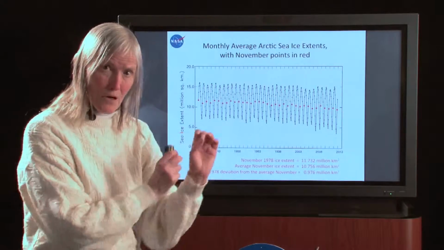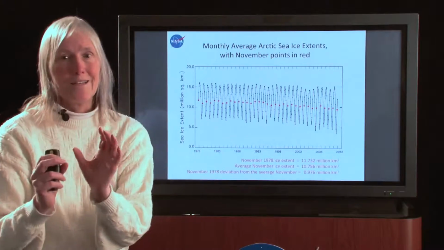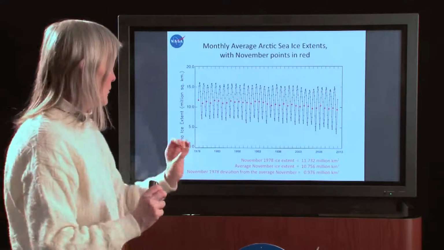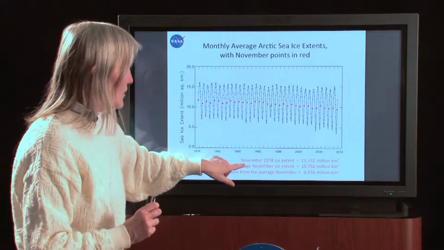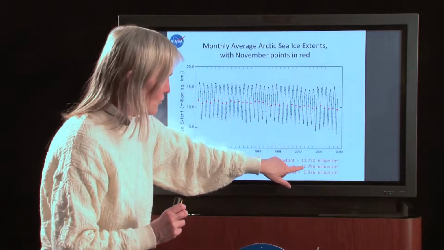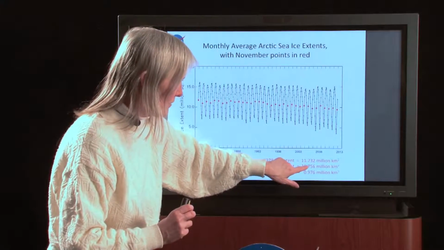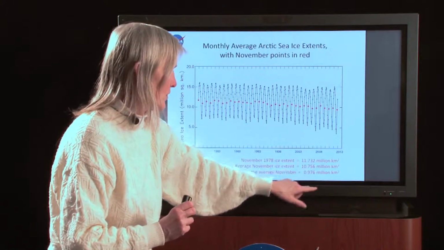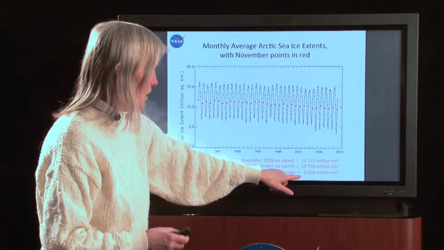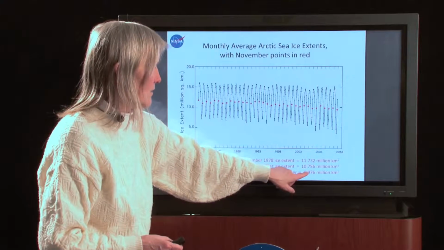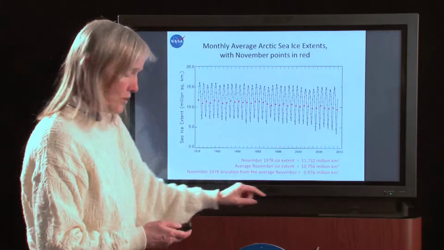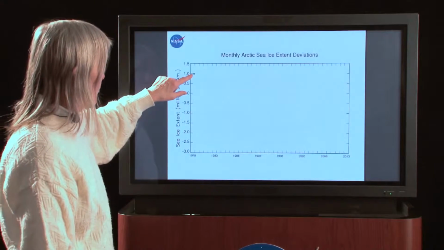We're only comparing November to November. And that's how we're removing the seasonal cycle. So with November, we subtract the average of all the Novembers, which came out to be 10.756 million square kilometers. You subtract those two, and you get 0.976 million square kilometers. And then you go ahead and plot that point.